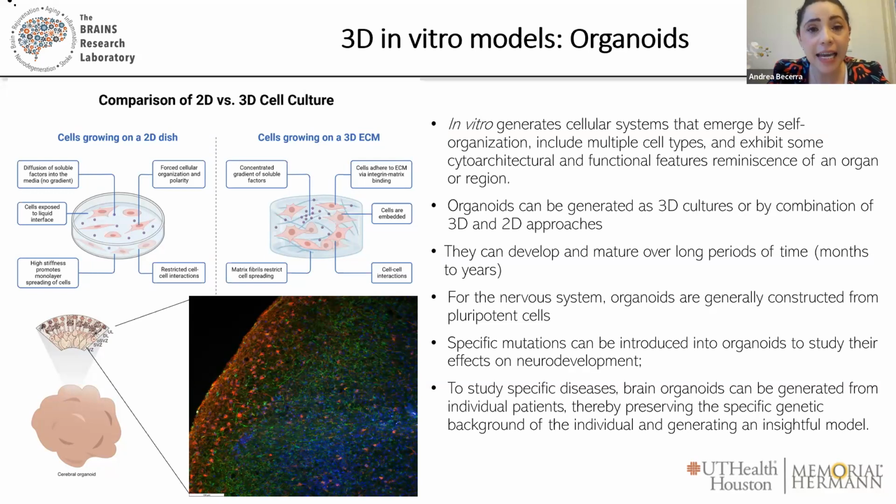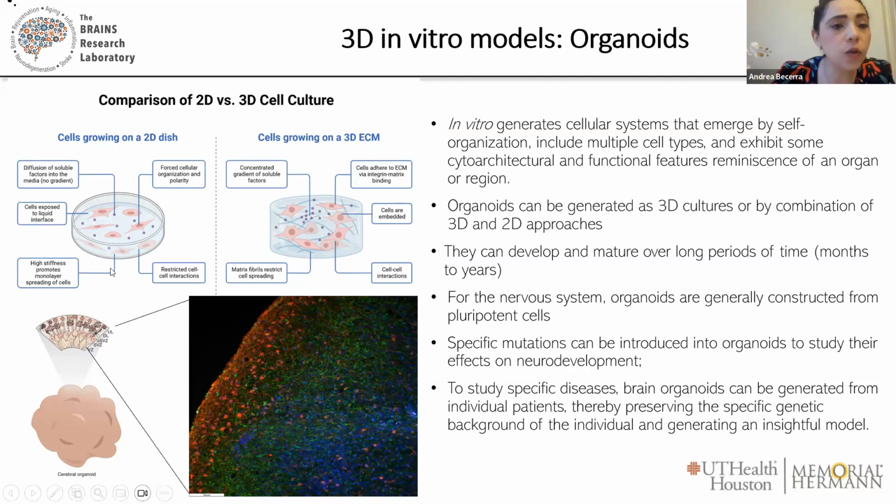To study a specific disease, brain organoids can be generated for individual patients, thereby preserving the specific genetic background of the individual and generating an insightful model. That means that, as cells conserve the genetic background, we can model in the organoids the characteristics of some specific diseases, mostly when we are working with familial mutations.